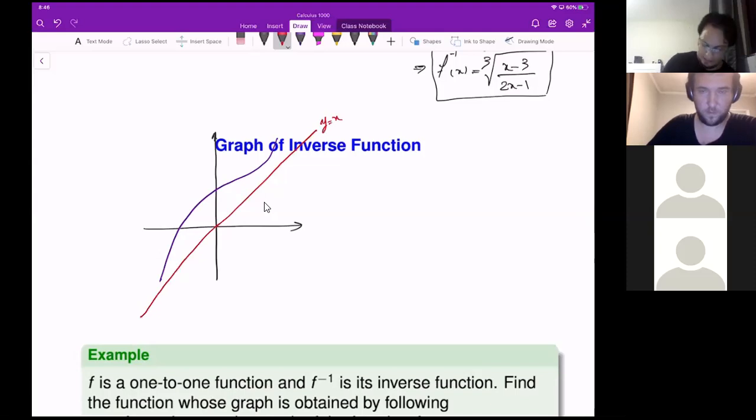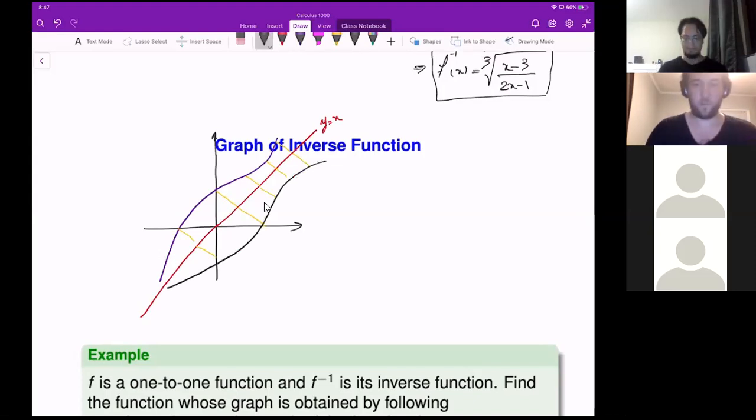So you reflect it like this. Every point you reflect, reflect, reflect here. And then you see that this will be something like this.